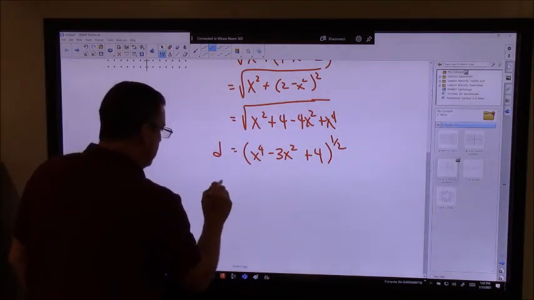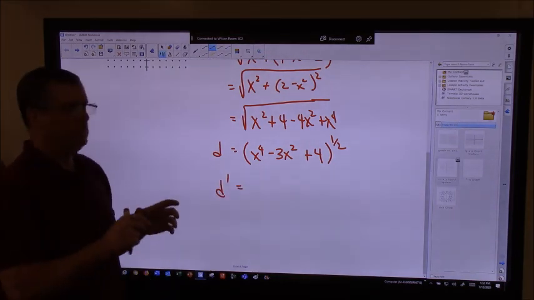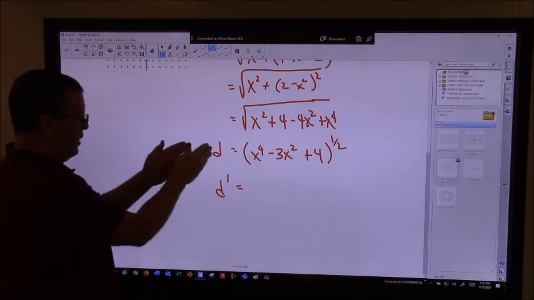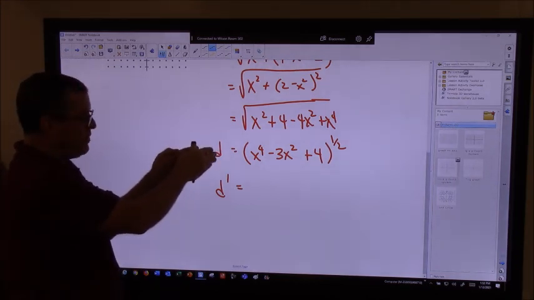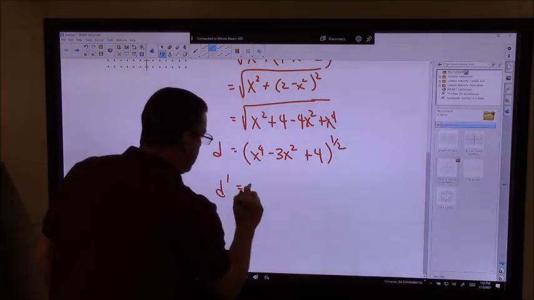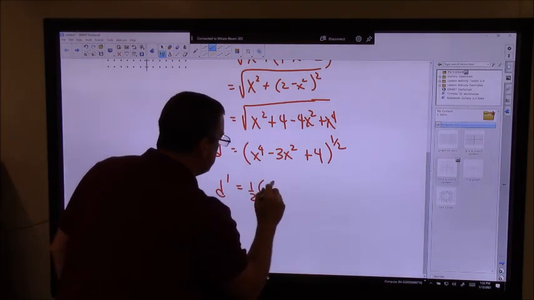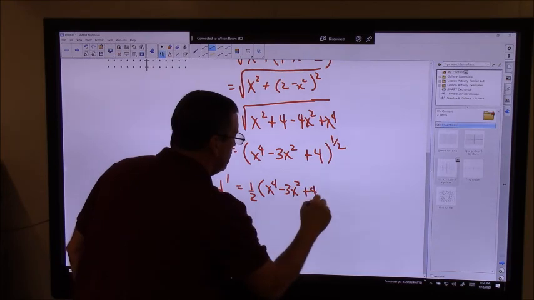All right, so d prime, there are no dx's and dy's and d thetas. What I'm trying to minimize, I've got it by itself. Just like saying, if I can get y by itself, I just take the derivative the normal way. So I'll bring the exponent down in front. Same thing on the inside, x to the 4th minus 3x squared plus 4.